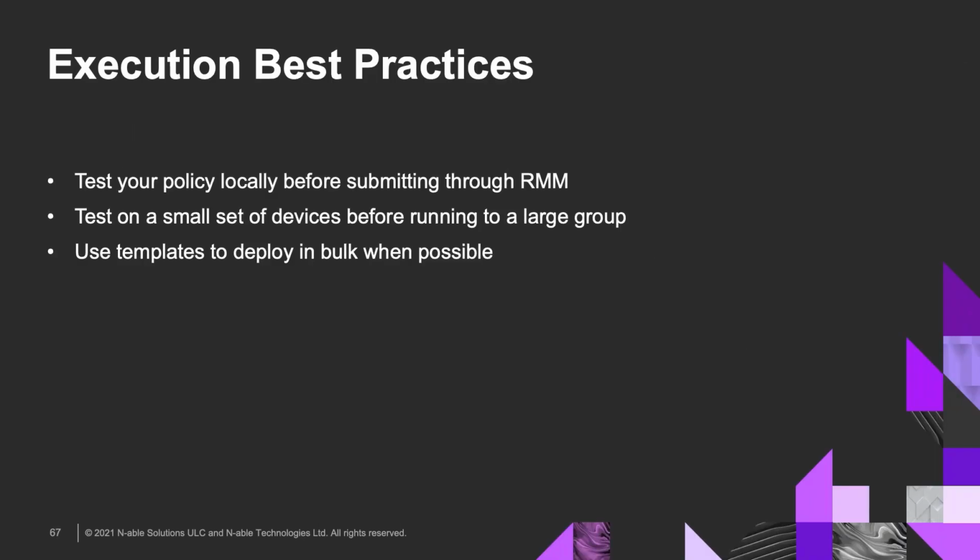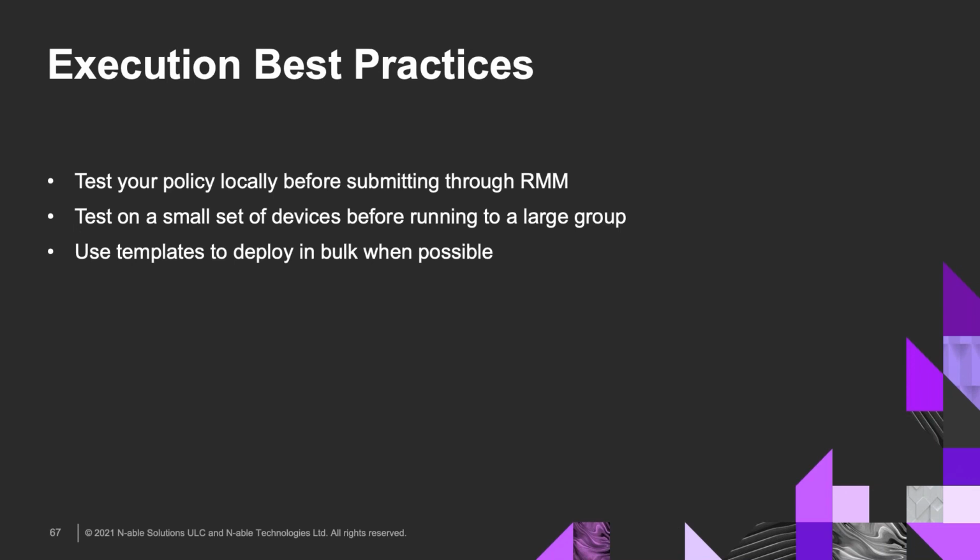Anytime you're potentially making changes to a machine with an automation policy, especially things like deleting files or, double especially, when you're changing something in the Windows registry, make sure that you always test your policy on a test machine before pushing it out into production through RMM. And before you send it out to all the machines, make sure you send it to just a few machines first.